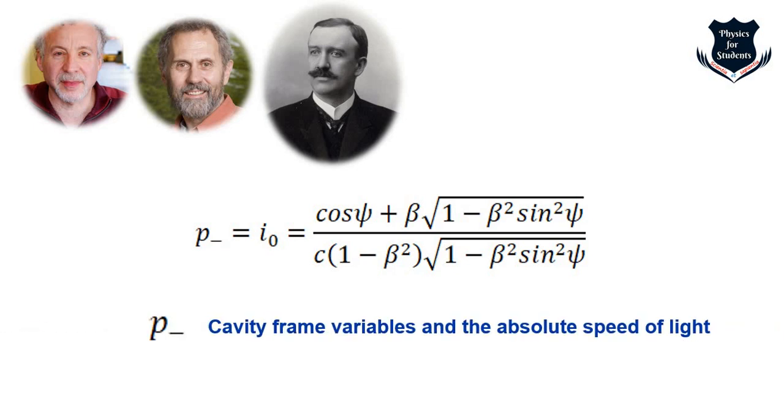However, this p underscore would be the cavity frame variables and the absolute speed of light. So this is what Einstein did and the way Hasenöhrl did it, and this was exactly the research that Tony Rothman and Steve Boughn carried out. I've just extracted a few lines and a few mathematical derivations from their paper.